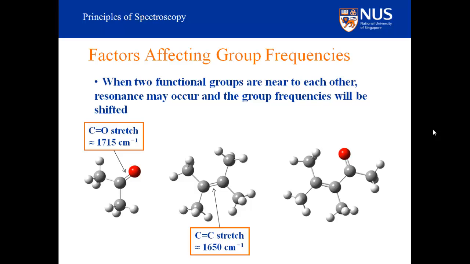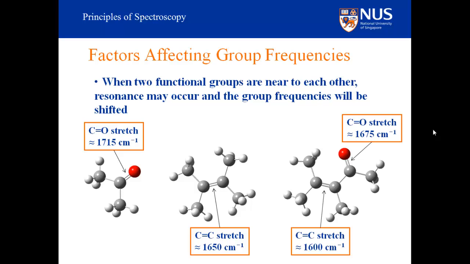The carbonyl stretch will be shifted perhaps down to 1675 wave numbers, and the CC double bond stretch will be shifted down to 1600 wave numbers. The reason why they've gone down is partly because in a larger molecule its reduced mass has increased. But also notice that the difference between the two frequencies has increased from in the isolated molecules to when the groups are next to each other in the same molecule.